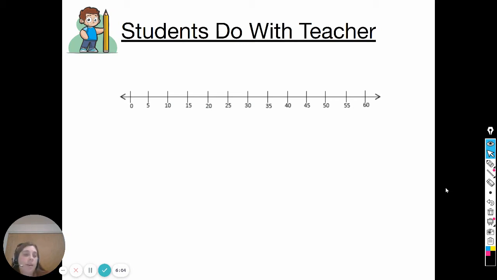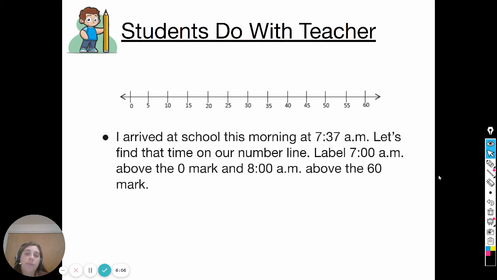Okay, so you should have that number line drawn. Here's our situation. I arrived at school this morning at 7:37 a.m. Let's find that time on our number line. First, we're going to label 7 a.m. above the 0 mark and 8 a.m. above the 60 mark.